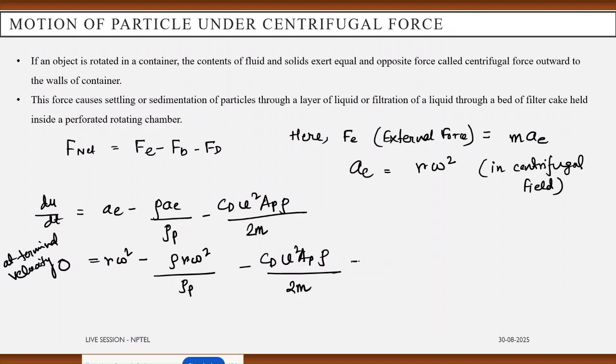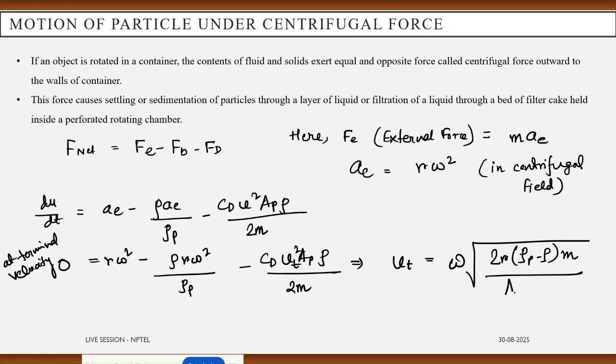From here you will get ut equals omega root over of 2r (rho p minus rho) m divided by ap rho p cd rho.